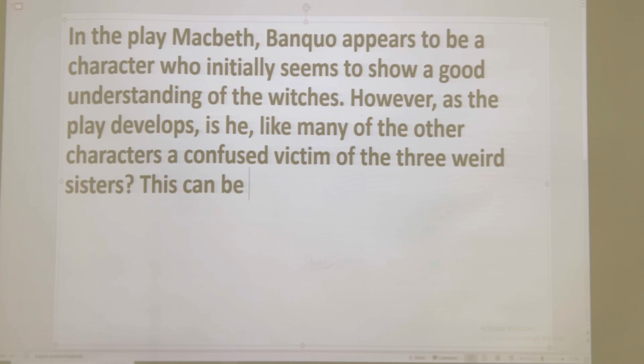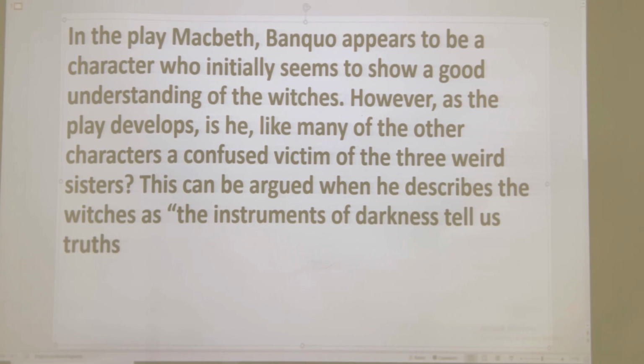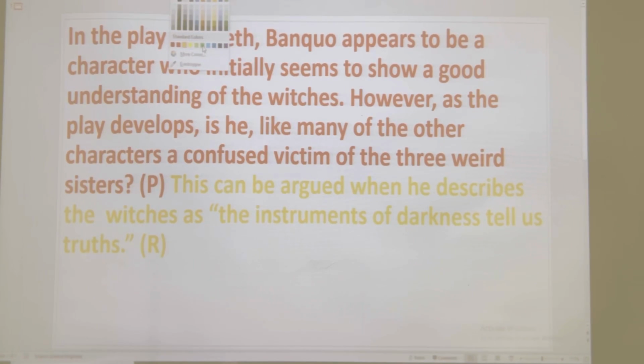This can be argued when he describes the witches, the instruments of darkness. Tell us truth. Okay, let's explain the effect of the quote.